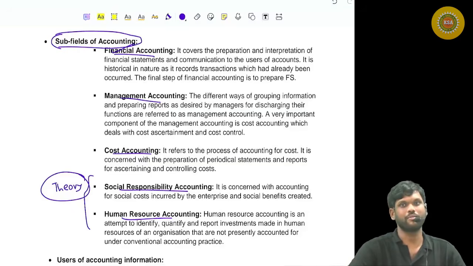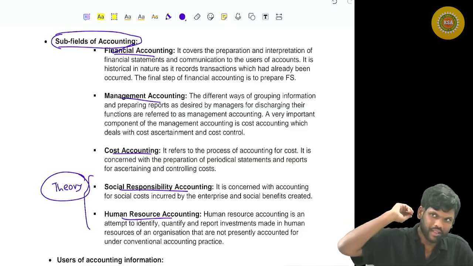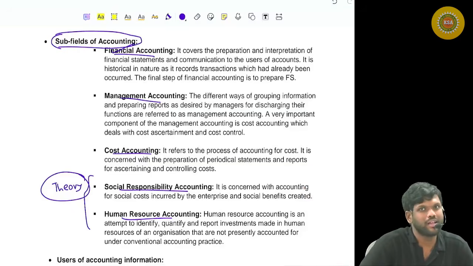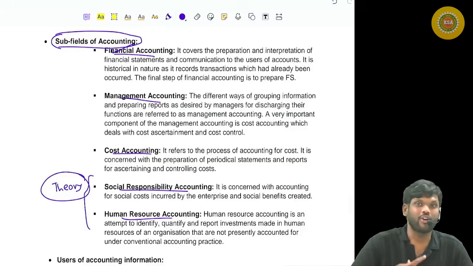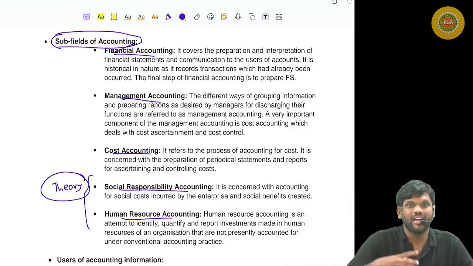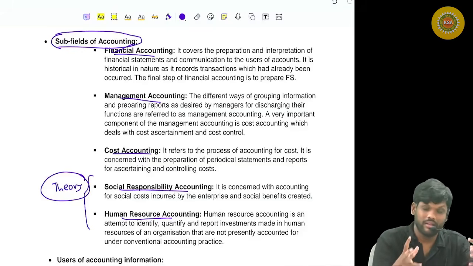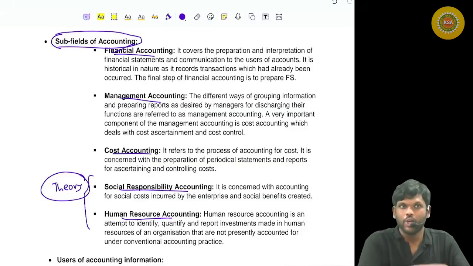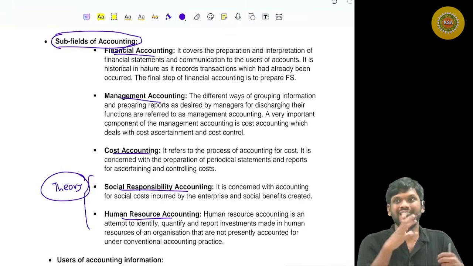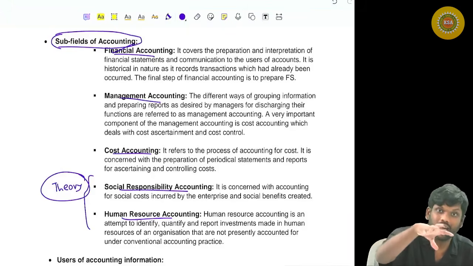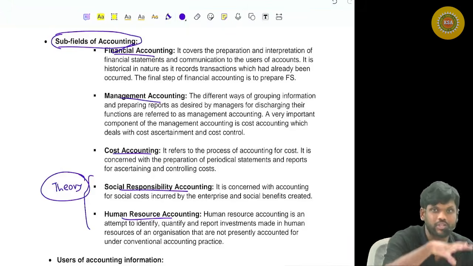What does that mean? For example, assume there is a cement factory. That cement factory is helping in economic development. When you set up a cement factory, you are giving employment to a lot of people. You are manufacturing cement, selling the cement, increasing the income of the country in which you are setting up the factory.